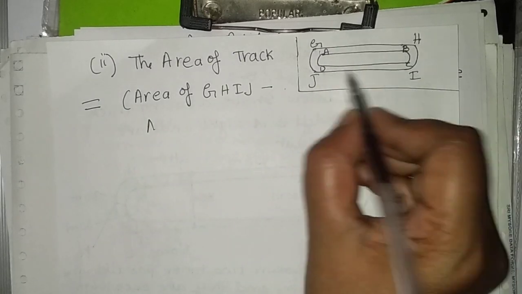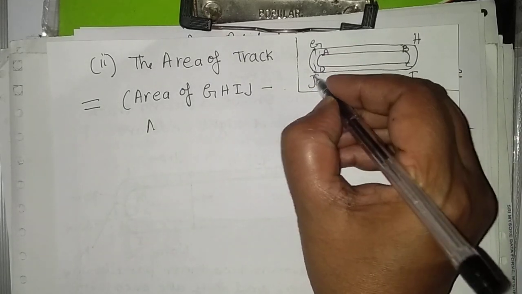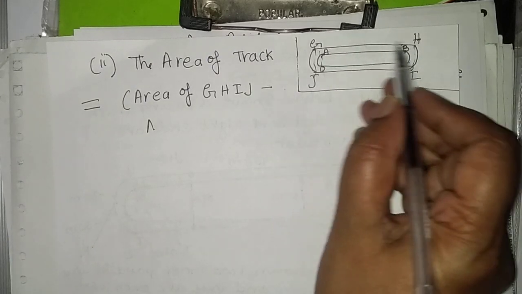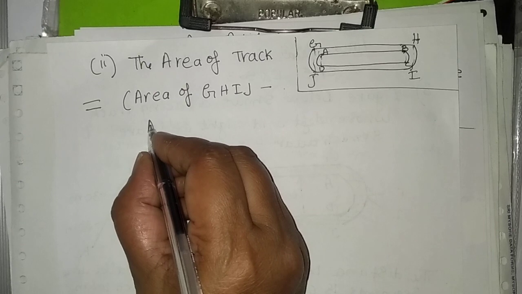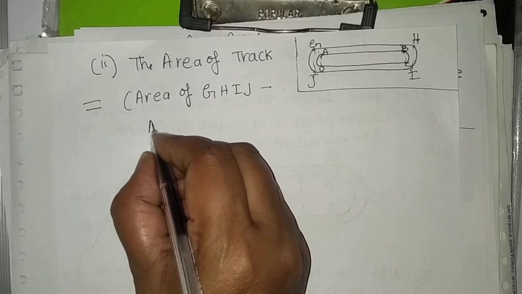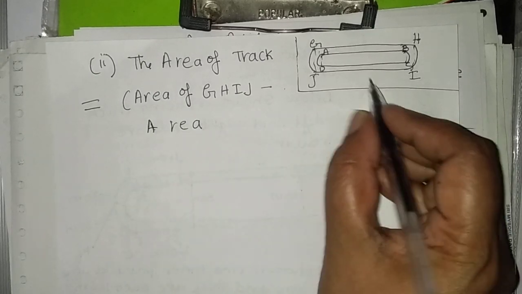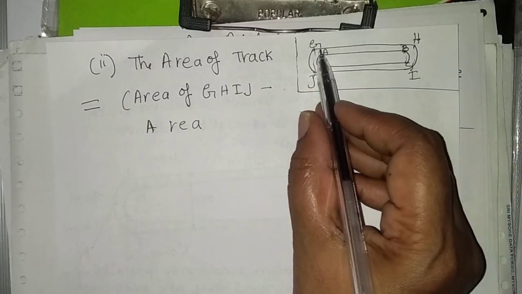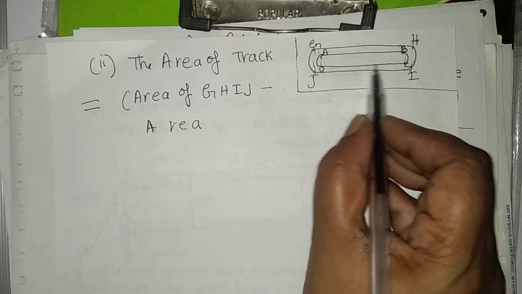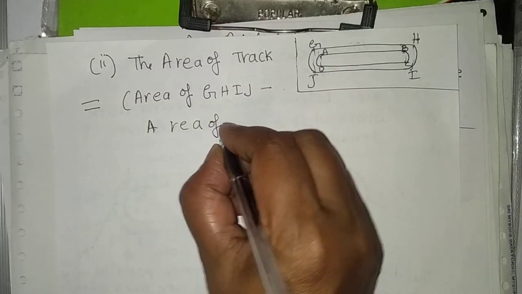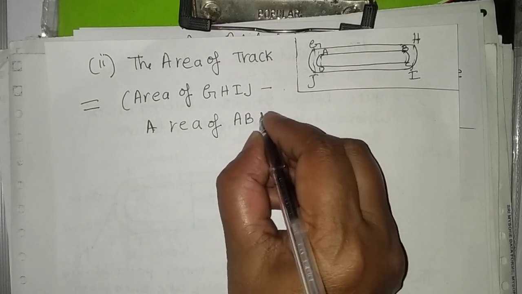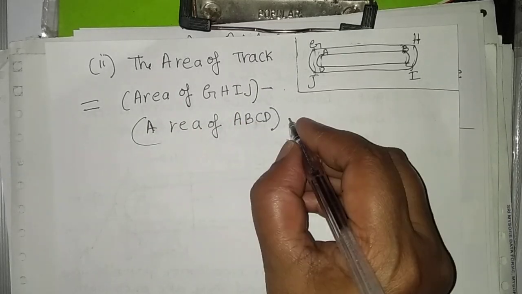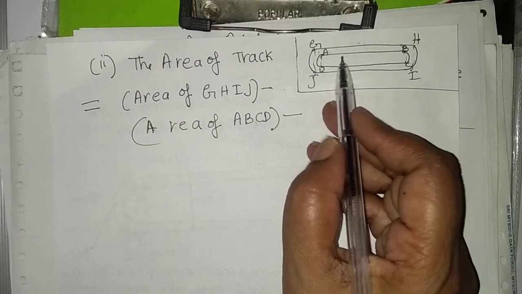This is a rectangle, and these two are semicircles, and this is a rectangle. Minus, next is the area of one more rectangle, which we have to consider since we are finding the area of the track. So this rectangle minus this rectangle, another is ABCD, then minus the area of the semicircle.